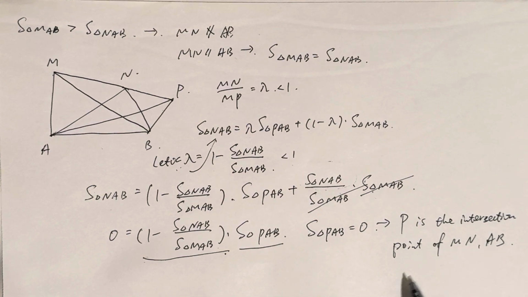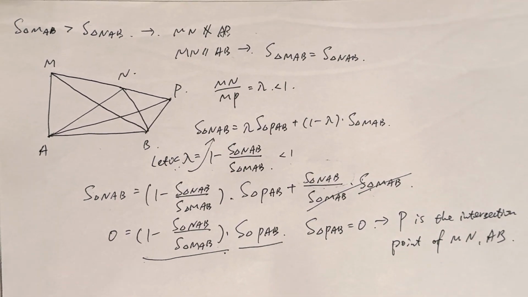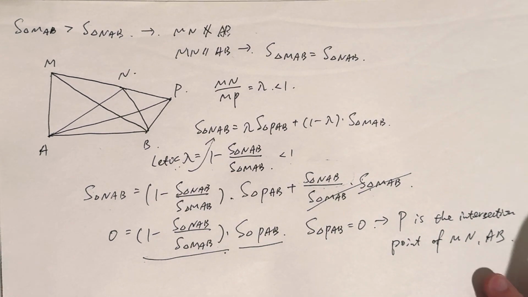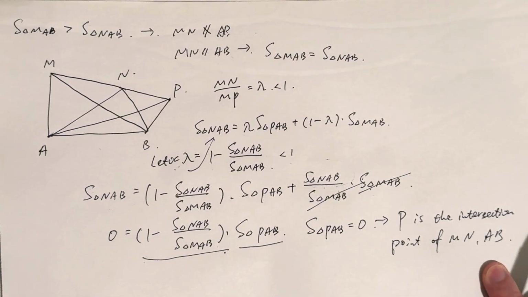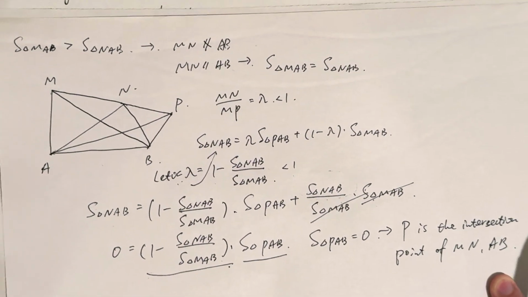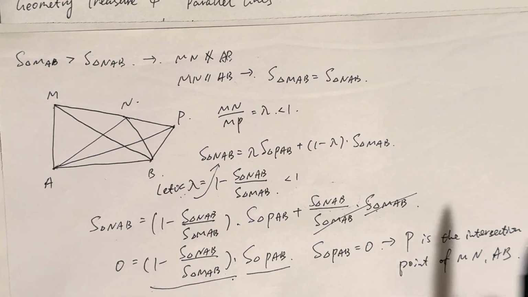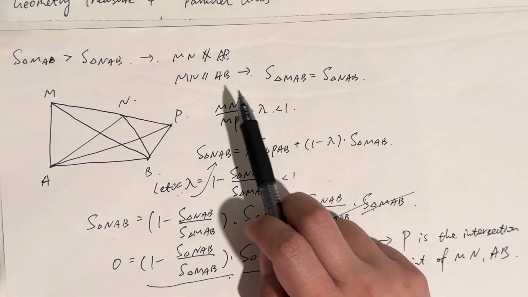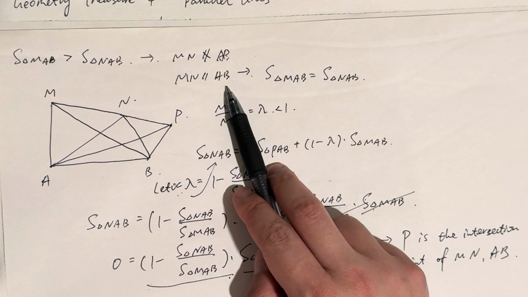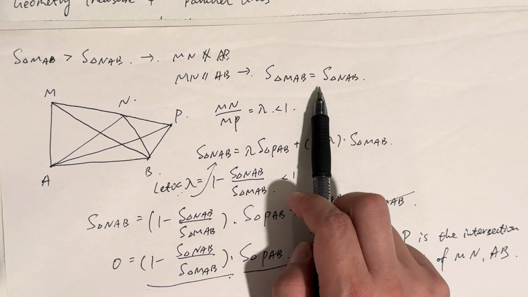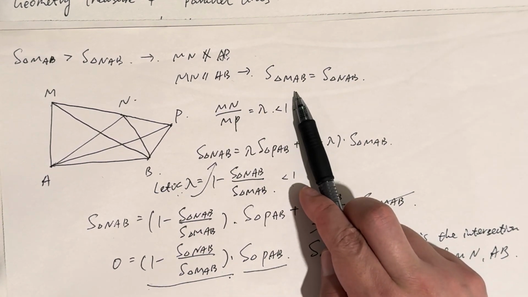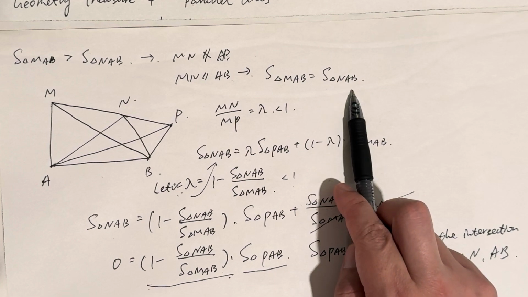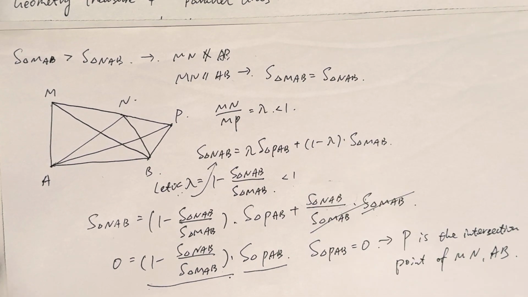P is the intersection point of MN and AB. Okay, that means MN and AB are not parallel, which means if MN is parallel with AB, then the area of triangle MAB equals the area of triangle NAB.